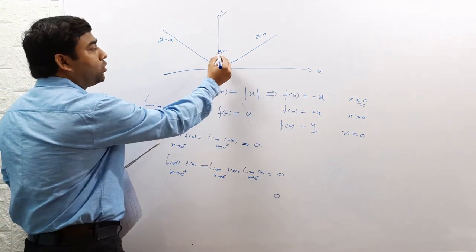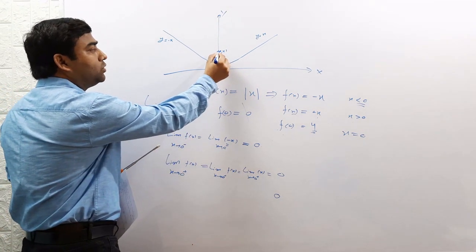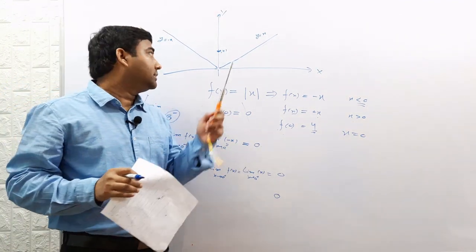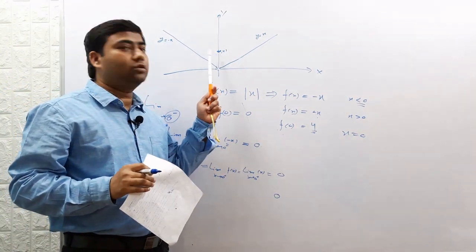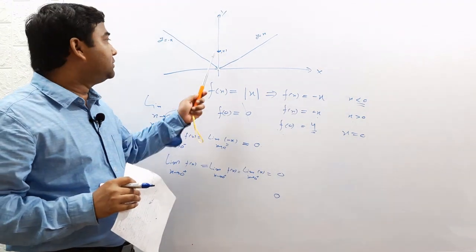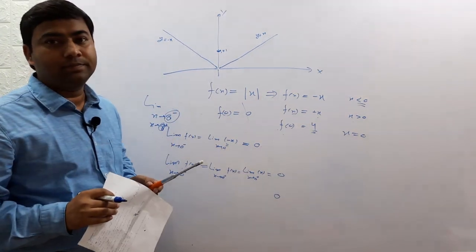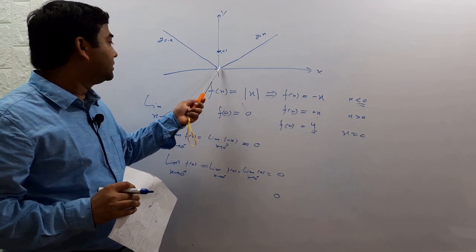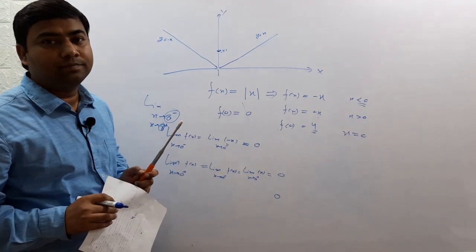So this single point is also a part of the function, which makes this function discontinuous. We cannot write the origin as a part of this function.